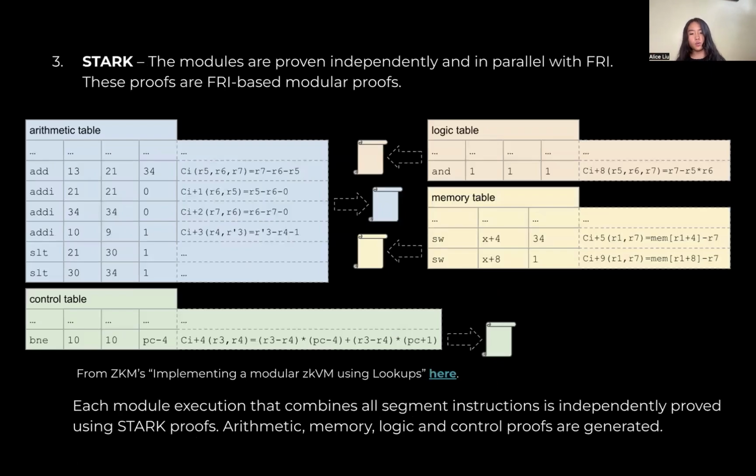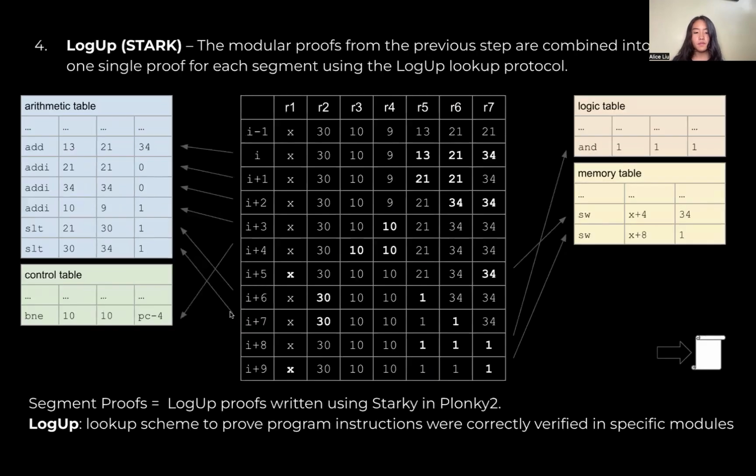Now we reach the first layer of this proving stack, Stark-based proofs. The modules are proven independently with a protocol called FRI, using these Stark proofs. As a result, we'll have arithmetic, memory, logic, and control proofs generated.